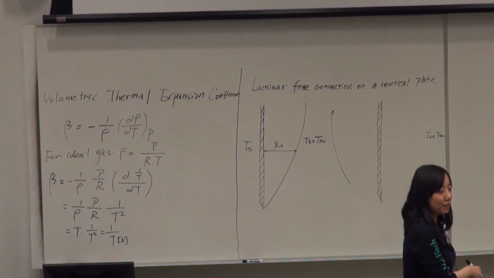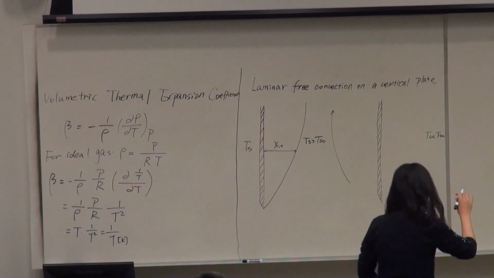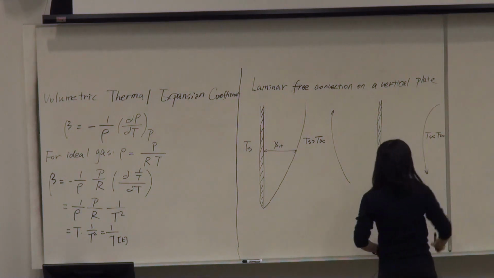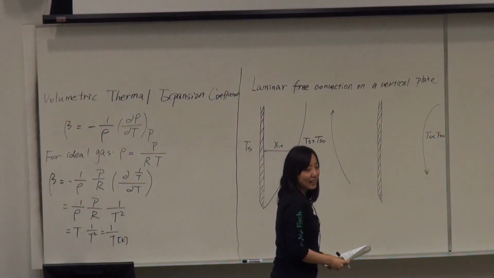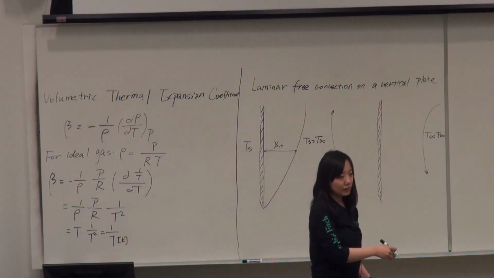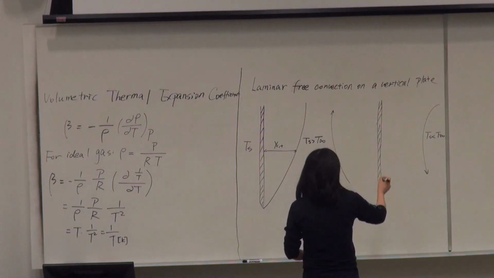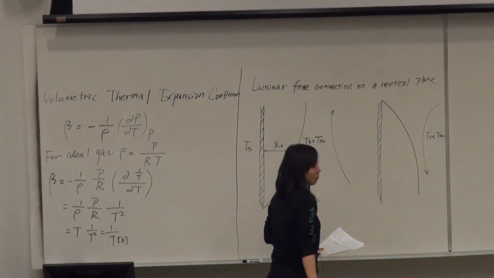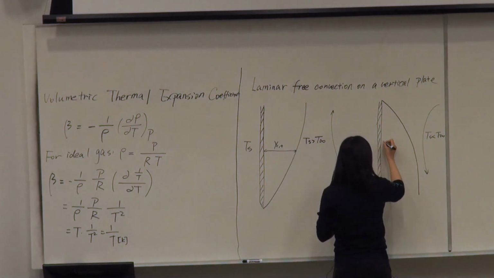Then how will the boundary layer develop? We know that it will flow something like this. Does the boundary layer develop from the top or from the bottom? Top, yes. And then it sinks like this. This gives us the boundary layer development for the cooling case.